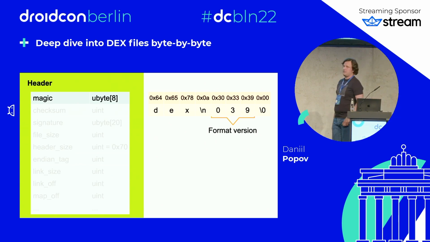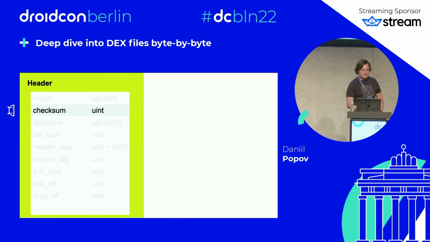In this case, it's version number 039. And at the end, we have the 0, which means this is a zero-terminated string, and it allows file managers or other programs which are not familiar with this format to read it like a plain, old-style C zero-terminated string, and at least get some meaningful information from the file itself, even if you don't understand the format.